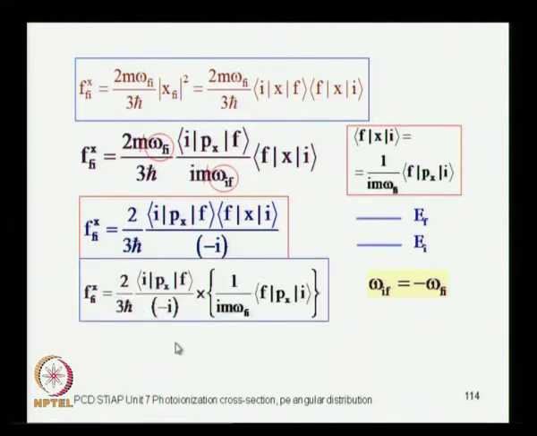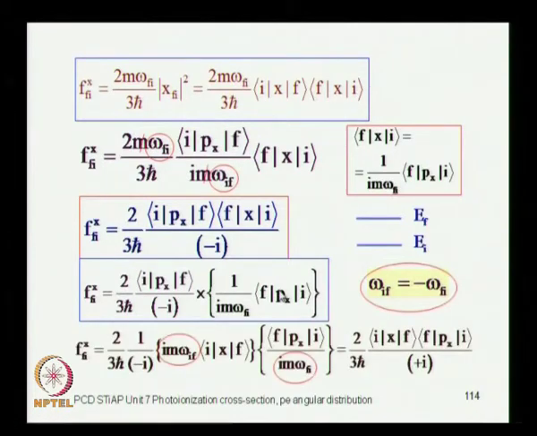So, now you have this expression. The matrix element for this can also be written in terms of the momentum operator, and if you take into account the same relationship and the equivalence between the position form and the momentum form of the matrix element, you have again omega IF and omega FI over here.